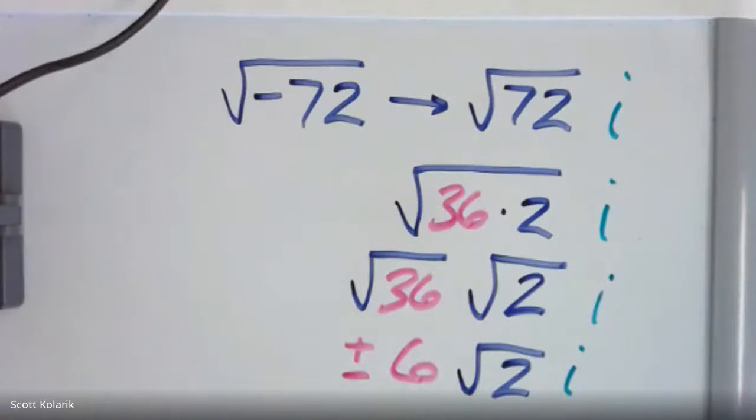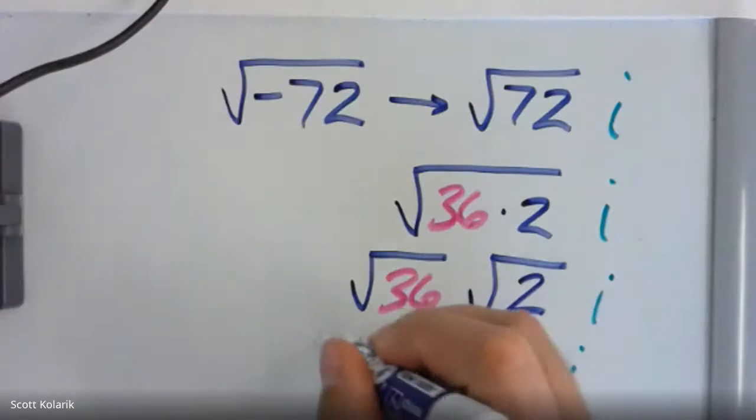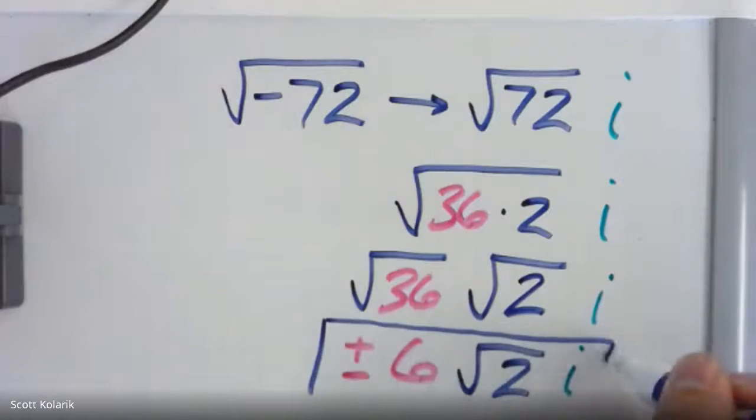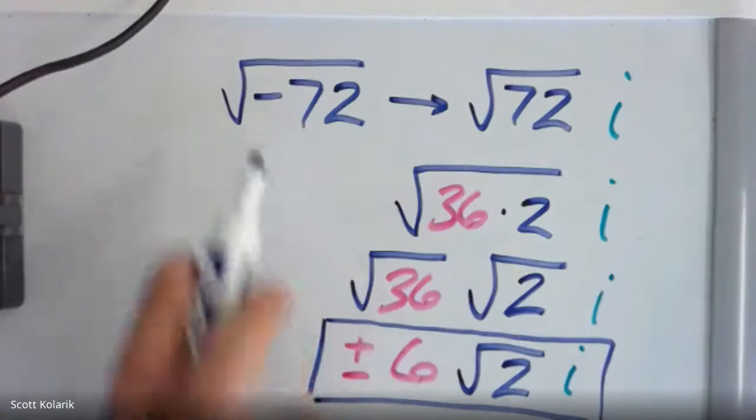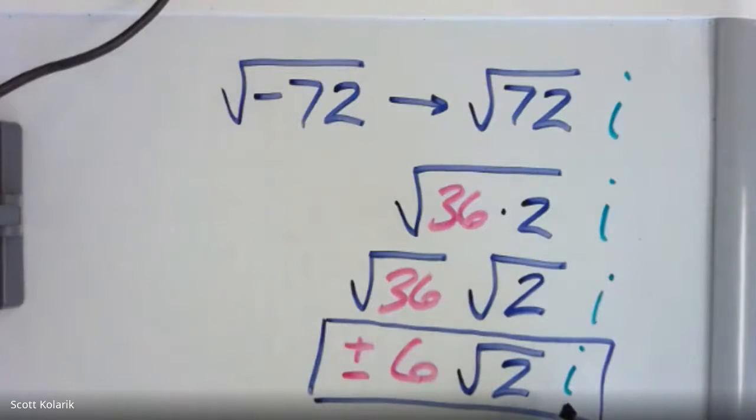That was just the first step, to pull that i out. And this would end up being the simplified form of that radical. This plus or minus 6 times radical 2 would be just the same result that we would have gotten in section 1. The fact that it was a negative 72 we were taking the root of is just where this i comes from.